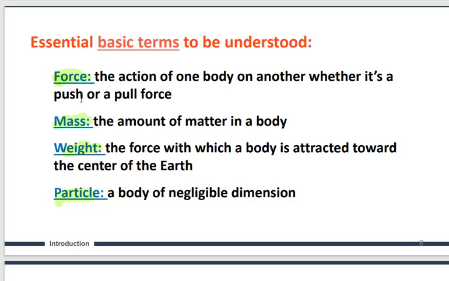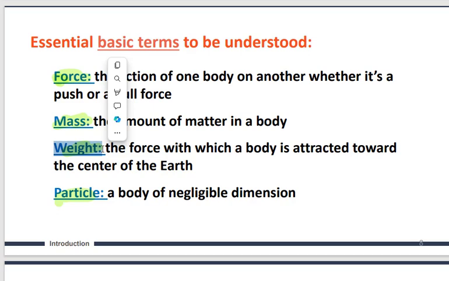Okay, next is mass. Mass is the amount of matter in the body, and it is in kilograms. The unit is kilogram. Now there is another term, weight. What do you mean by weight? Weight is mass times gravity.